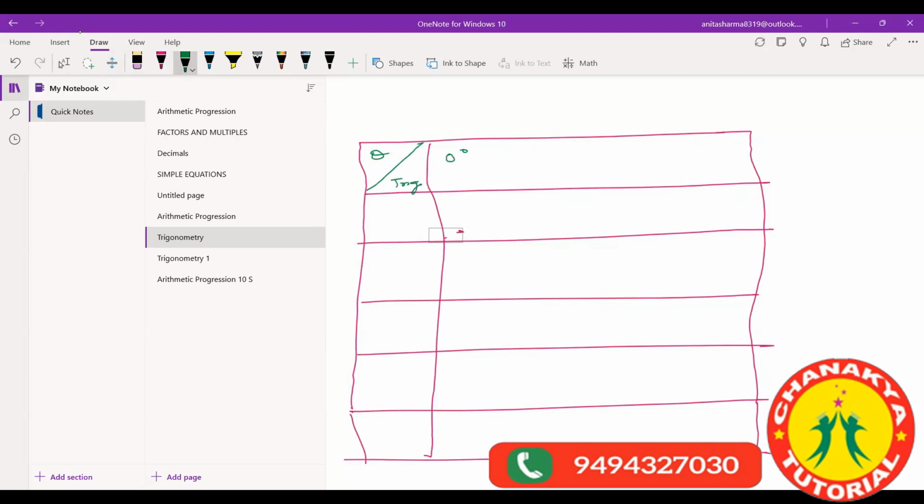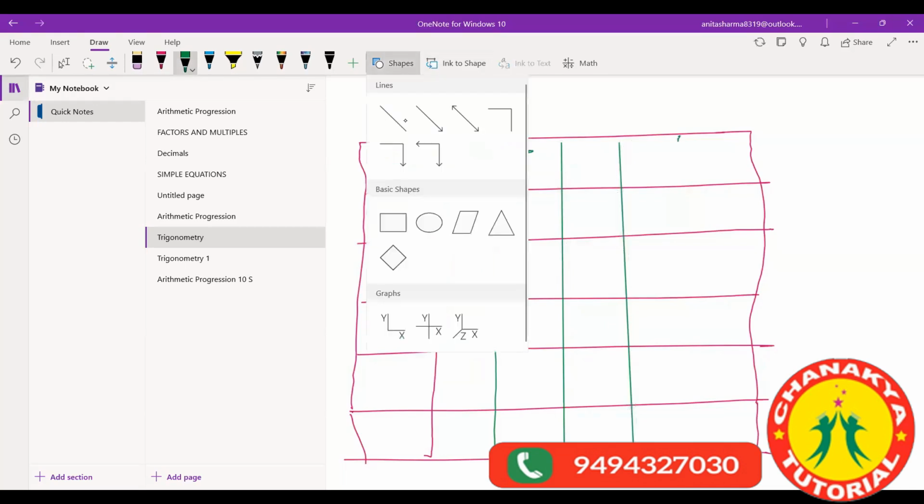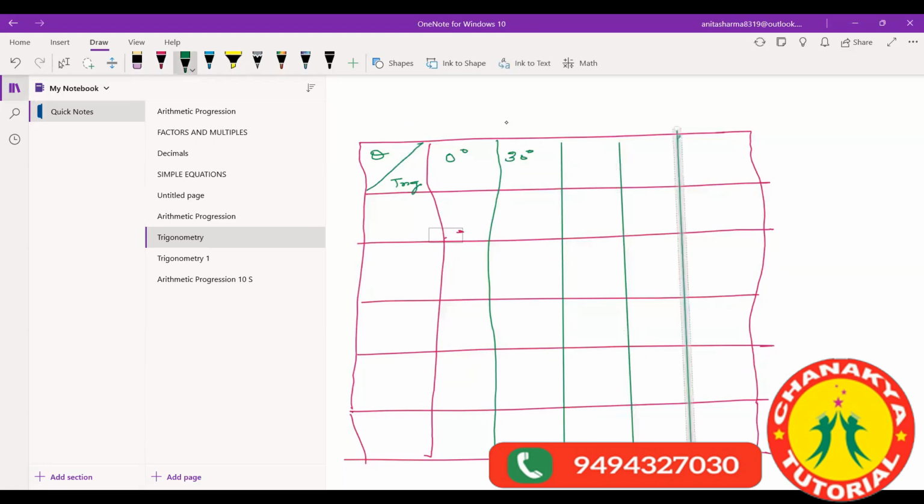The angles will be 0 degree, then 30 degree, then 45 degree, then 60 degree, and last is 90 degree. The trigonometry ratios are sine theta, cos theta, tan theta, then cosecant theta, sec theta, and last is cot theta. Right?